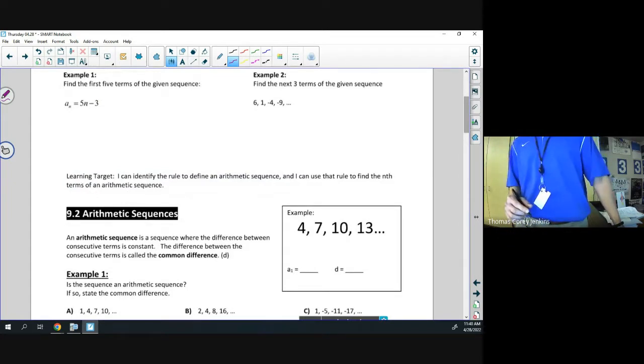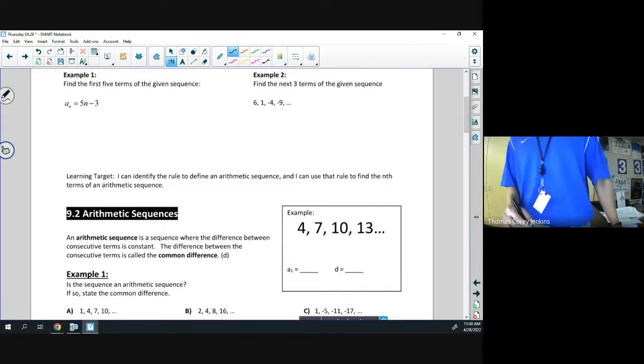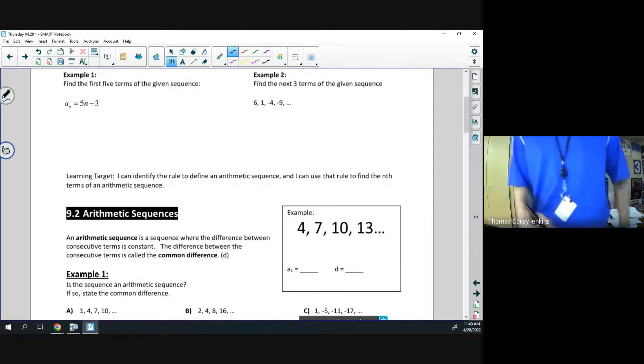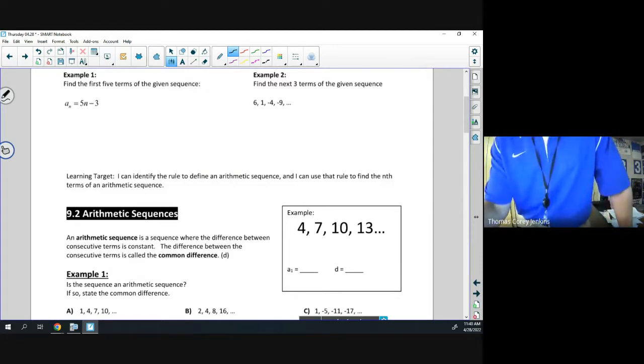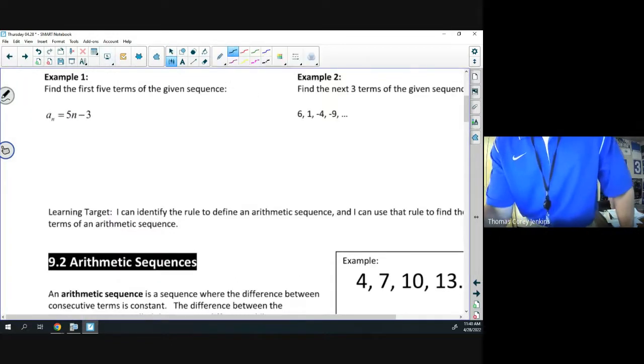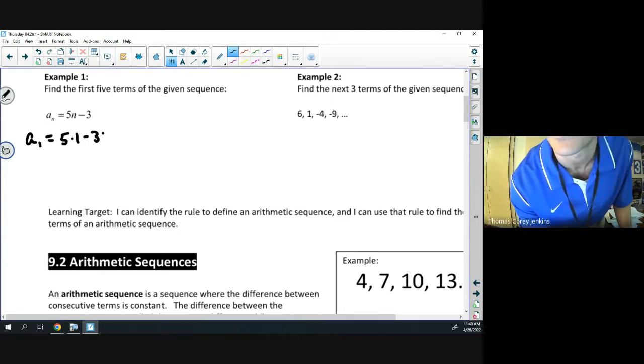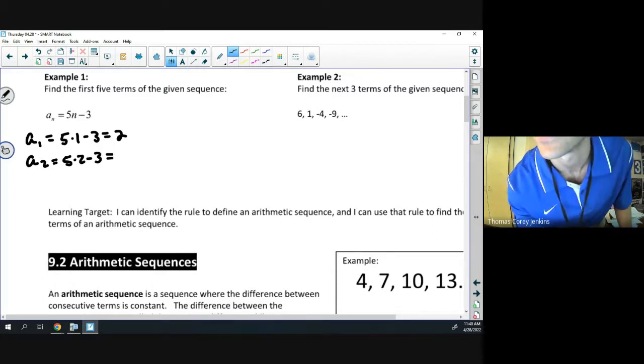Example 1 wants us to find the first 5 terms of a given sequence, and we're given a rule here. The rule is 5 times n minus 3. Just so we can get used to using the notation here, we'll say A sub 1 would just be 5 times 1 minus 3, which is 2. A sub 2, 10 minus 3 is 7.